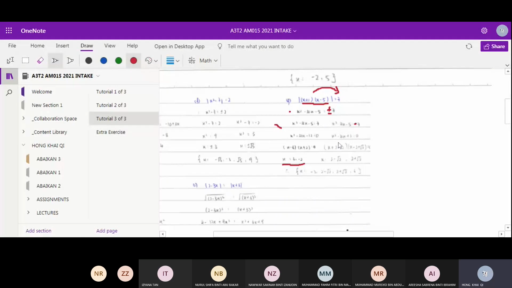And then we calculate, we'll get x equal to 2 minus root 2 and 2 plus root 2. And then we rearrange, x equal to negative 2, 2 minus root 2, 2 plus root 2 and 6. We got 4 answers here for x.